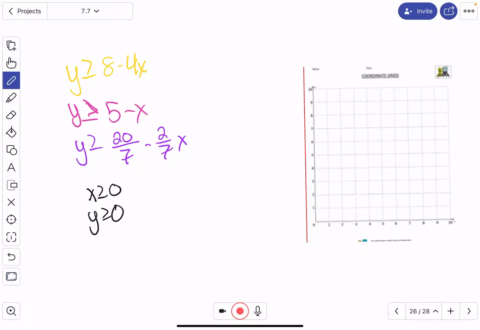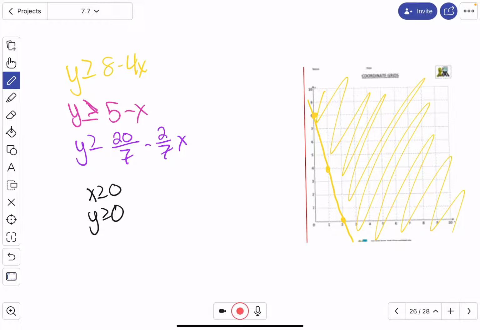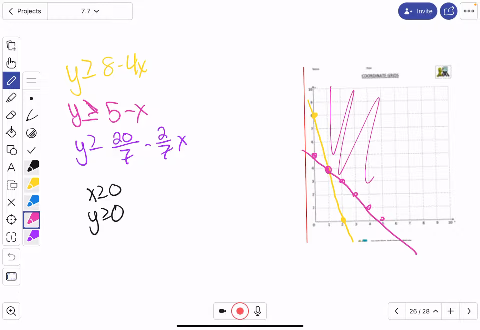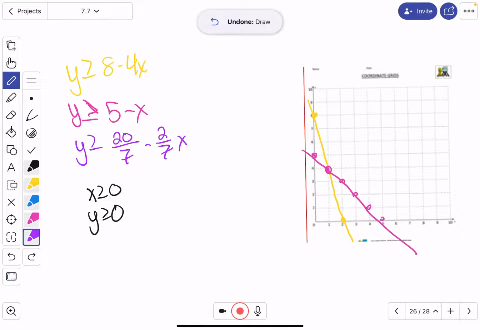If I graph the white-yellow one, the y-intercept is 8, then we go down 4 over 1. Here's that line, and it's greater than, so it would be anything on this side. Now let's do the pink one. 5 minus x, so we go here, here, here. Graph that. Greater than, so anything on this side. Now let's do the purple. 20 over 7 is around here, above 2.